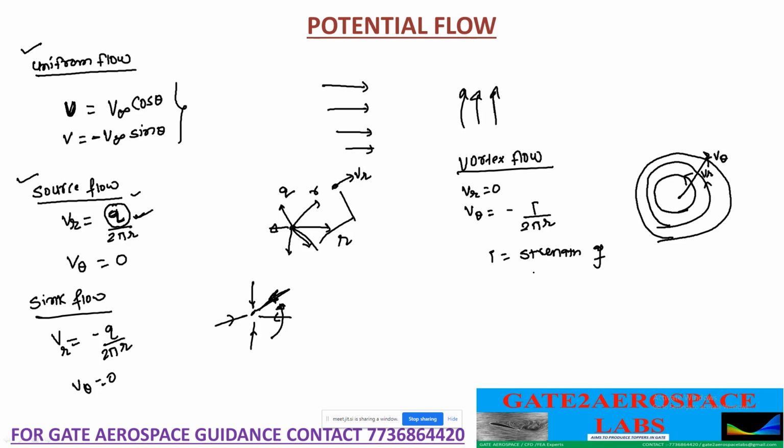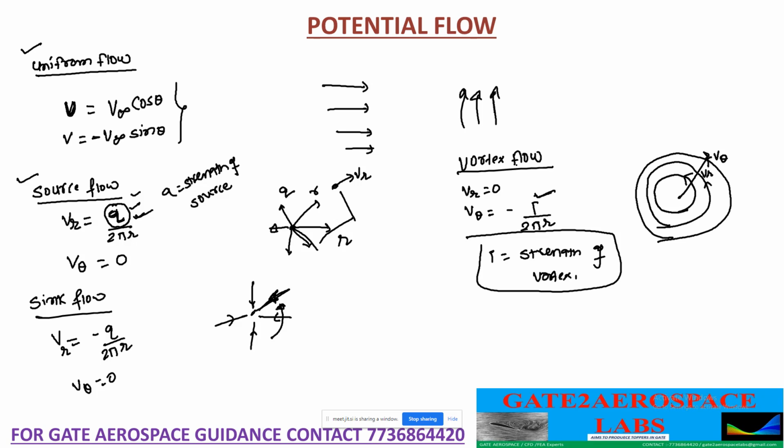These two look the same, except in place of q I have put tau, or you can say sigma. Here q is the strength of source, and this is the strength of vortex. So both flows are the same. Here v theta was 0, here vr is 0.